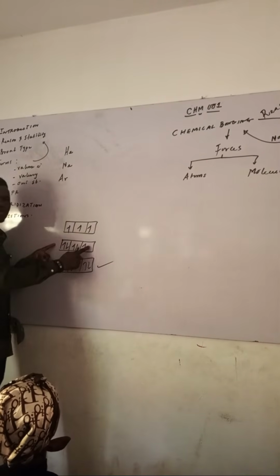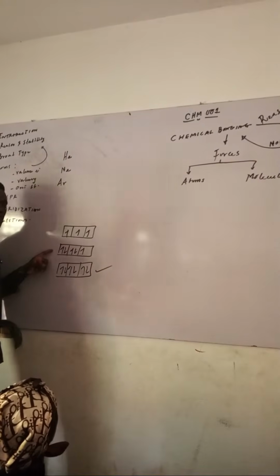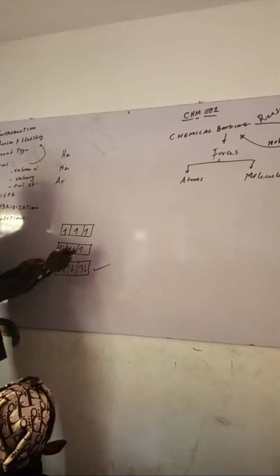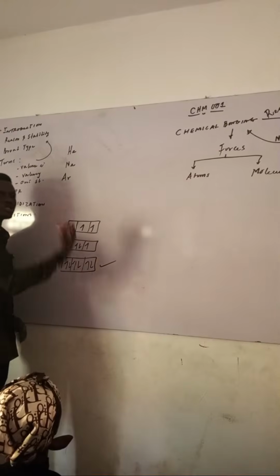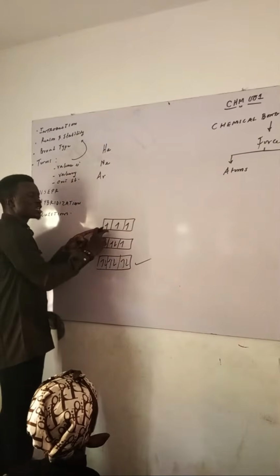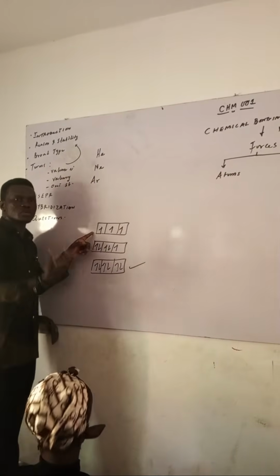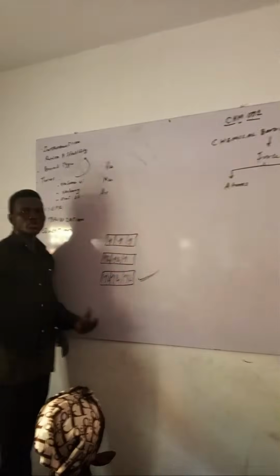This one is not stable because it needs just one electron, and due to repulsion it will look for where to get the electron. This one is partially stable, but not really stable. But this is the one that is most stable.